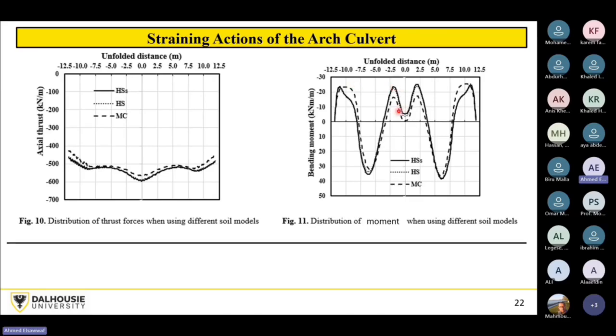If you see here, we have a peak negative moment here and a peak negative moment here, and then it is going to be a positive moment at the center, because we have the large effect of the truck at the center. Just assume that you have a simply supported beam: you would have a positive bending moment at the middle due to any point load in the middle. So the construction process and the soil loading give you a negative moment.